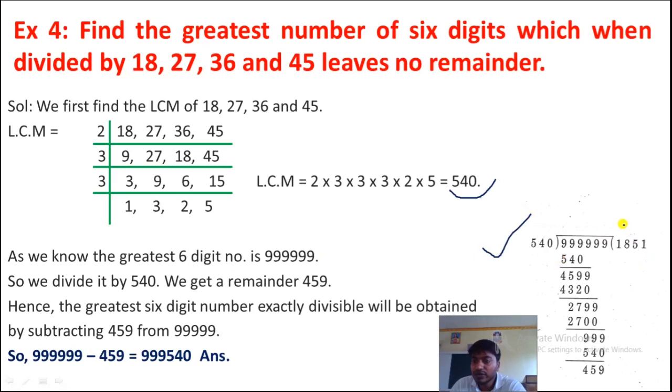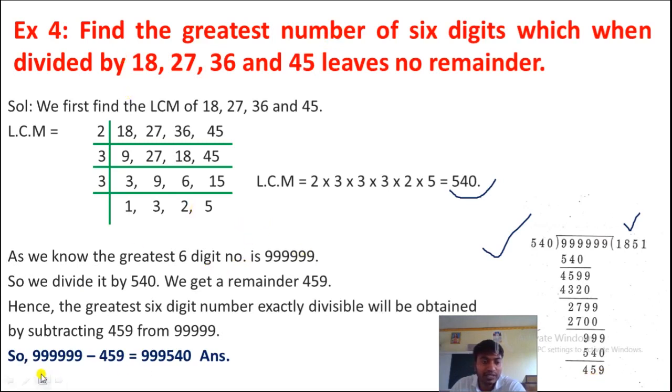As you can see here, this is the division. When you divide, you will get the quotient 1851 and the remainder 459. Now for finding the greatest 6 digit number, what you have to do? You need to subtract this remainder from the greatest 6 digit number.